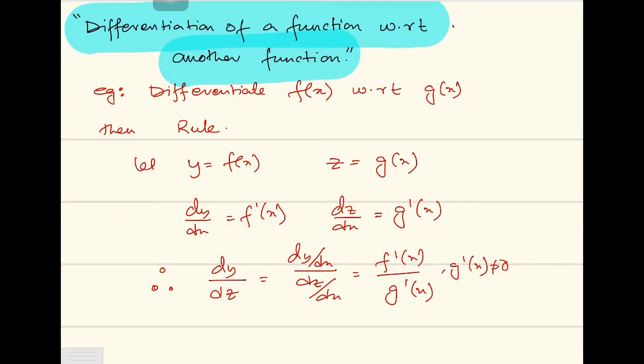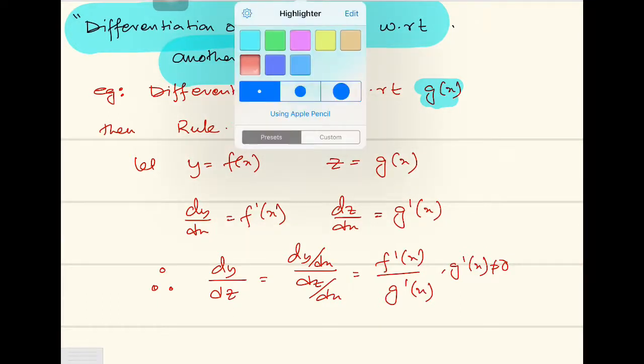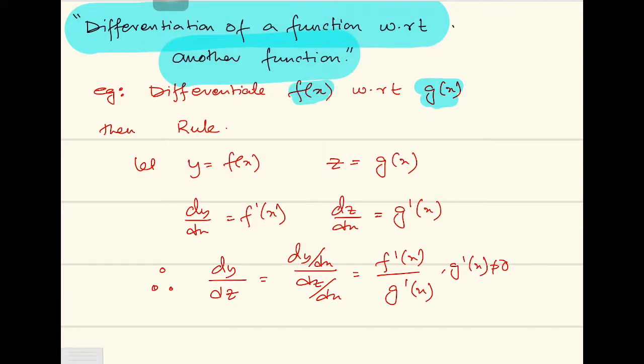Just to give you an idea, let's say you have two functions, f(x) and g(x). The rule says if there are two functions f(x) and g(x), then I can say y equals f(x) and z equals g(x).